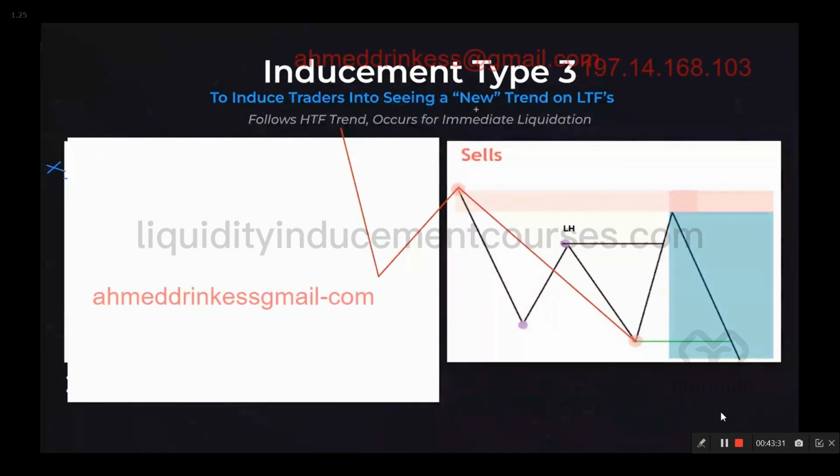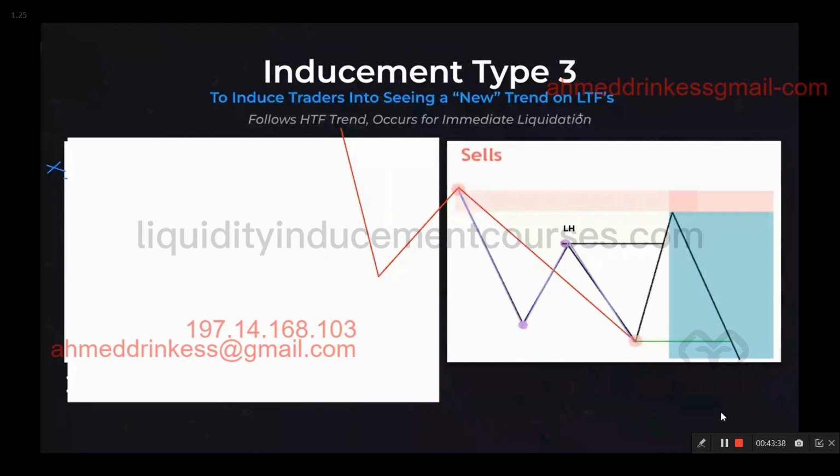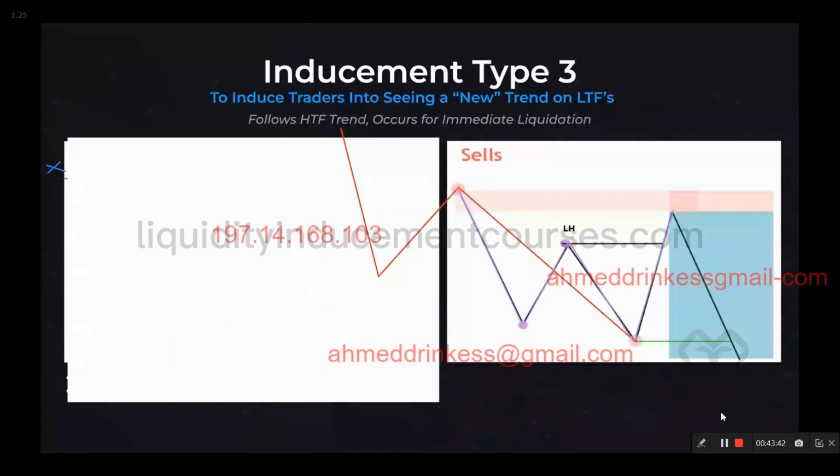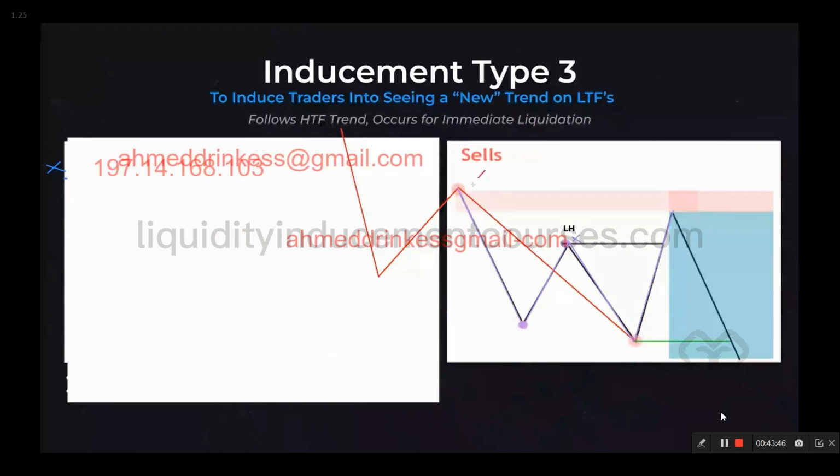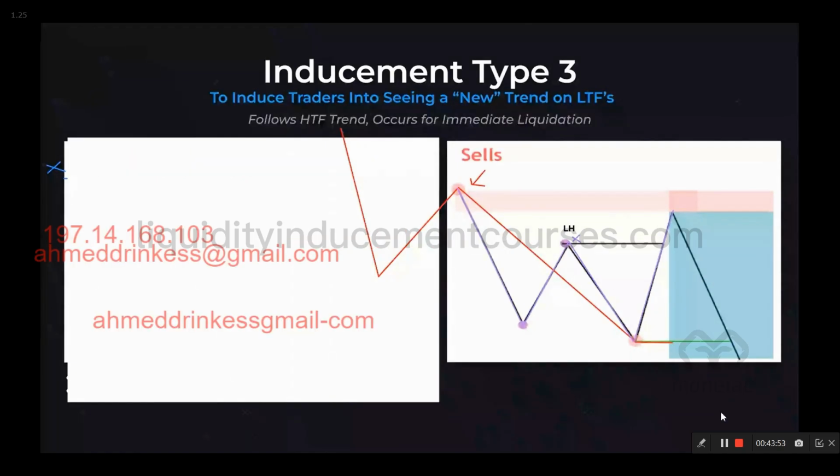But within, we are always going to have some form of internal structure. This internal structure that you see will most of the time just be a lower time frame false BOS, right? It's the inducement, just to come up and mitigate the main leg extreme order block. Then from there, again, you have your type 3 back to our type 2.